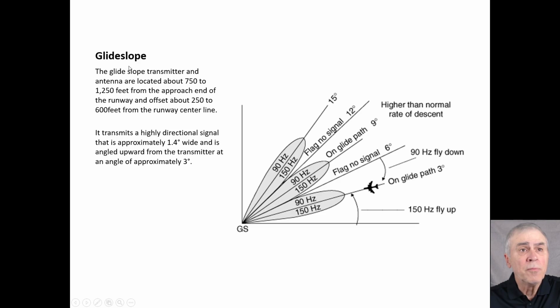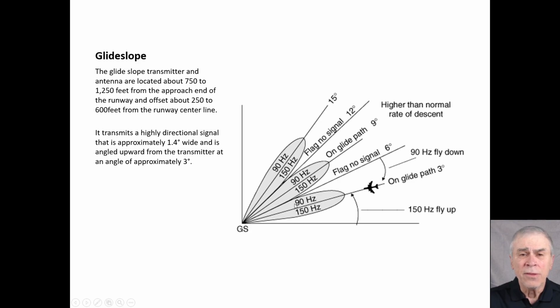The glide slope, basically it is sending out signals, and the aircraft will know if it's on the correct angle of descent. And here you can see if you're a little too high, your 90-hertz signal theoretically comes in louder, but it's actually the difference between the 90 and the 150 that just shows up on a dial.